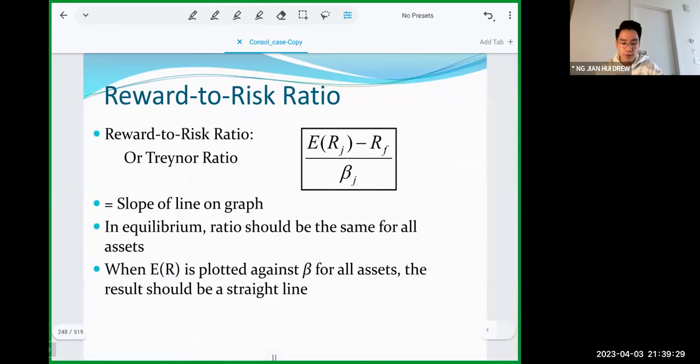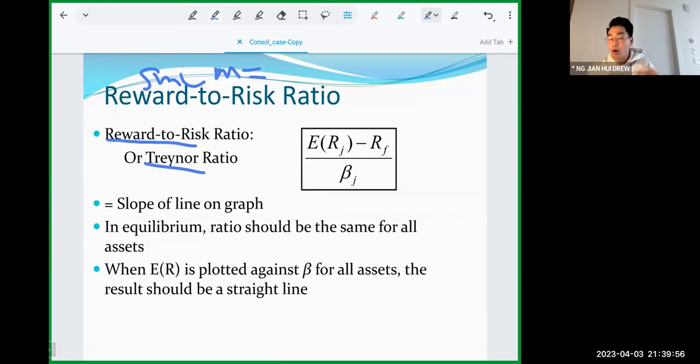Okay, so now, based on the security market line, SML, remember we calculated the gradient M. So gradient M actually gives you the risk and reward ratio, or Treynor ratio. So what does this mean? It means that, remember earlier we used the market beta, which is 1.